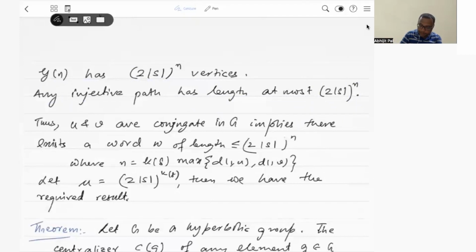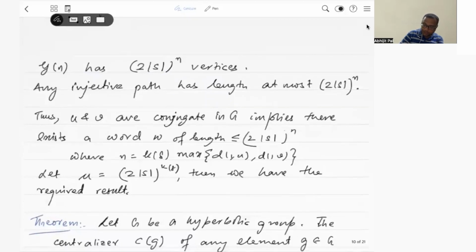So if I take any two elements which are conjugate in G, they will lie in a path component.